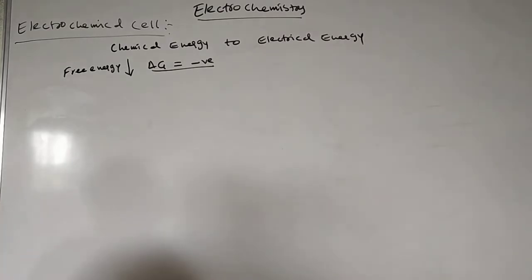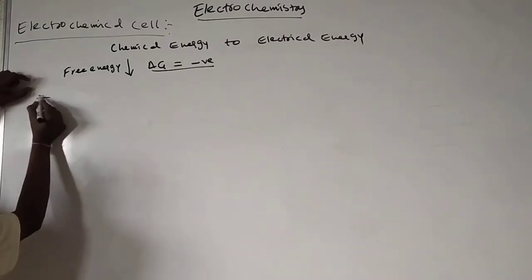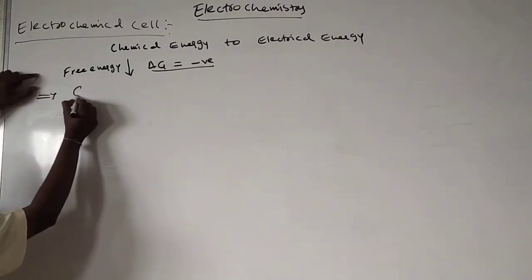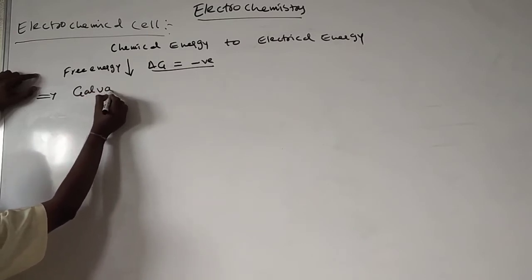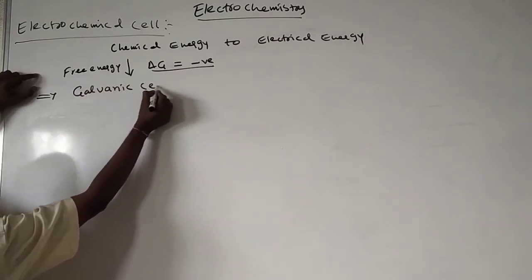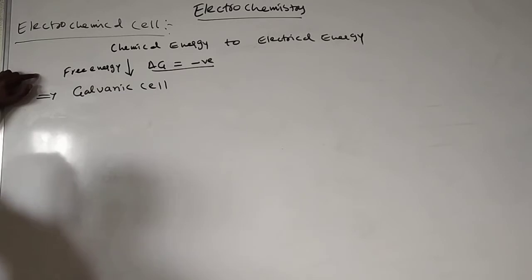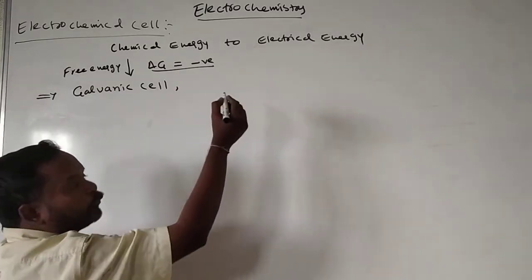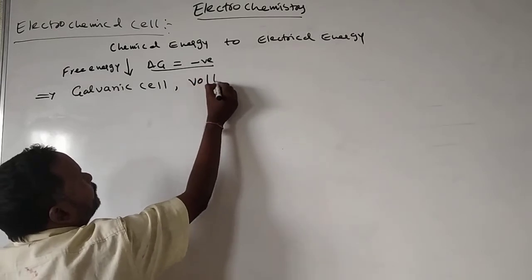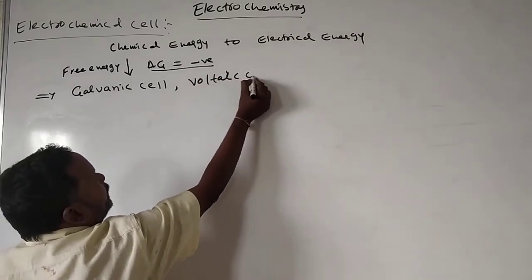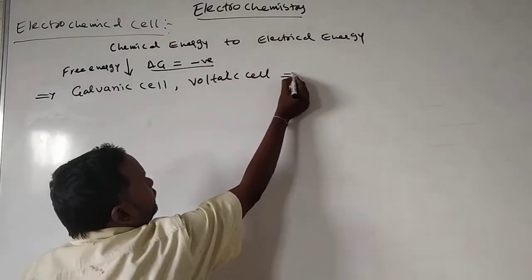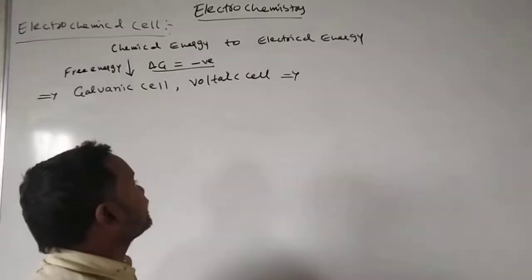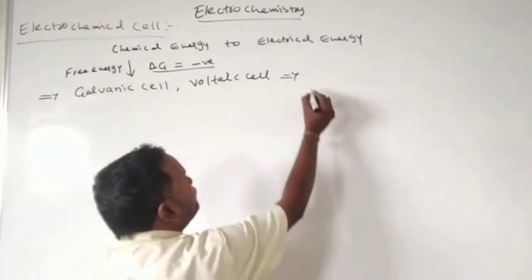Next, this electrochemical cell is also called a galvanic cell. It is also called a galvanic cell or voltaic cell. And the best example for this galvanic cell, voltaic cell, is the Daniel cell.